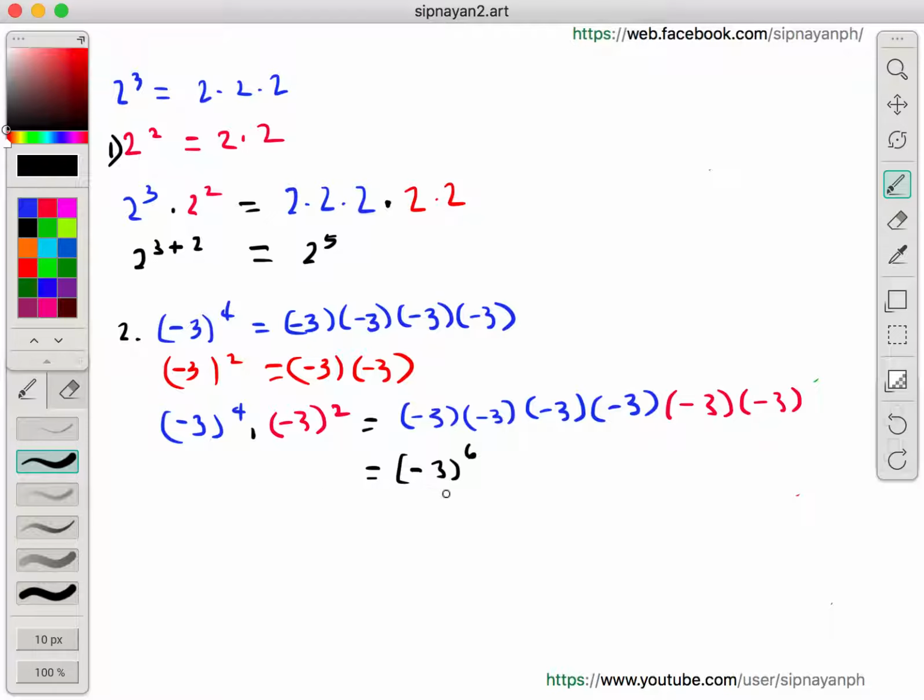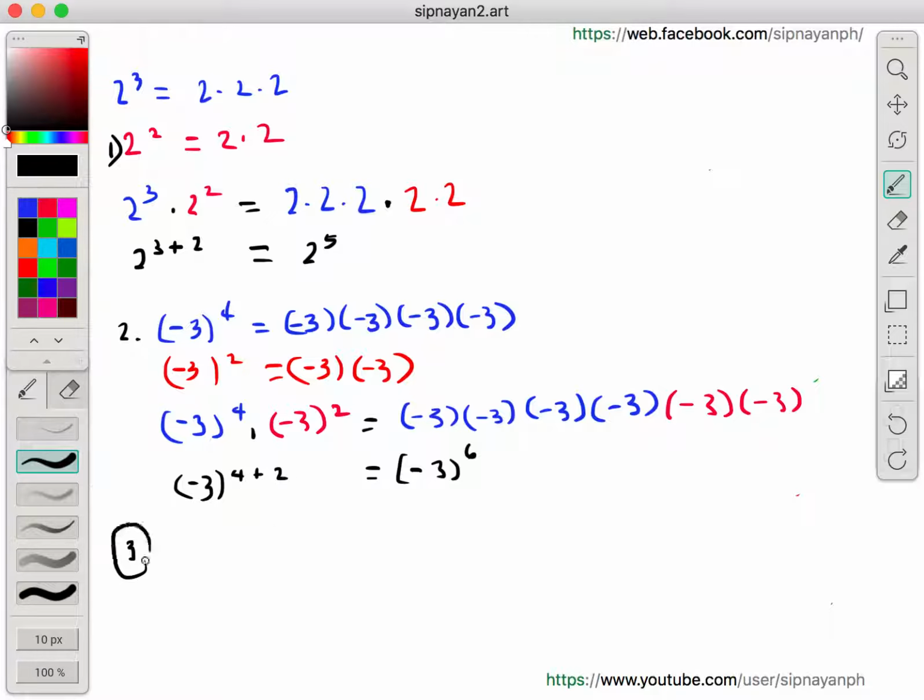Also, kung napansin nyo dito, ganun din yung nangyayari dito. Meron tayong 4 na factors, meron tayong 2 factors. Therefore, meron tayong 6 na factors. Meaning, this is negative 3 raised to the 4th plus 2.